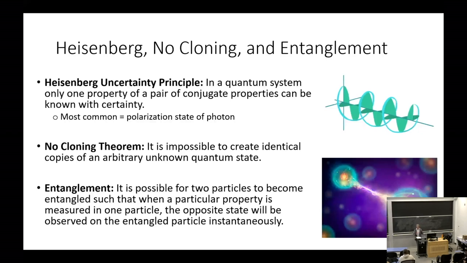For quantum cryptography, we can leverage this idea, but we're usually using the polarization state of a photon as our conjugate properties. And the reason that we choose the polarization state is because photons can be exchanged over our fiber optic networks that we were talking about in our idea of the quantum internet.